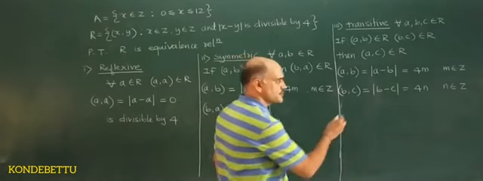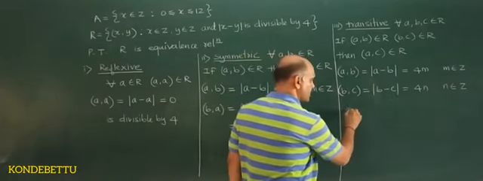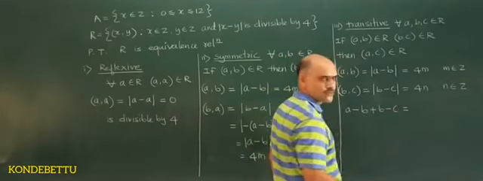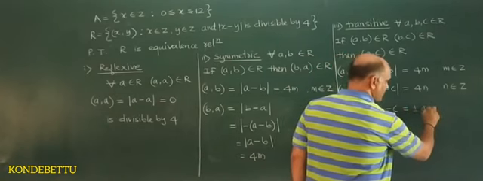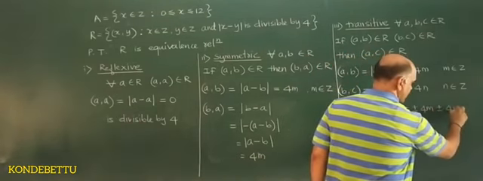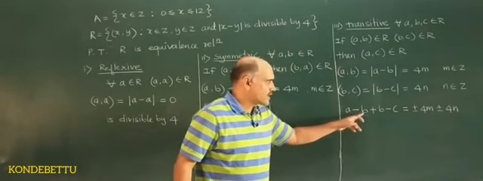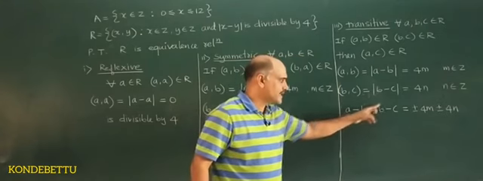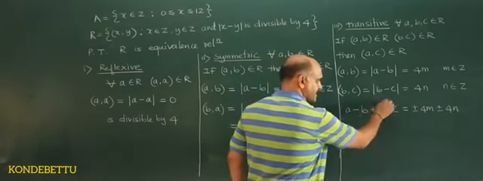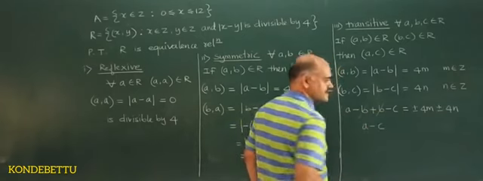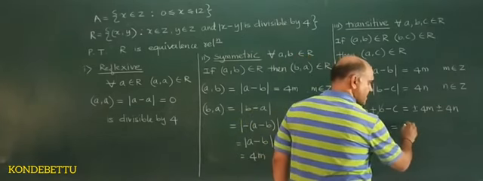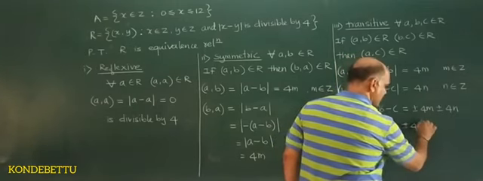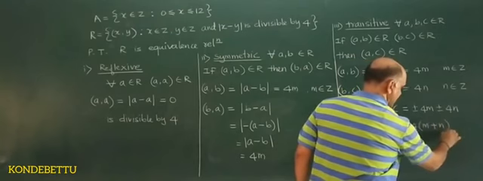So without taking mod, a minus b plus b minus c will be equal to plus or minus 4m plus or minus 4n. If you have not taken mod it may be either positive or negative. So again b gets cancelled, what remains? A minus c. I will take 4 common over here. So plus or minus 4 into bracket m plus n.